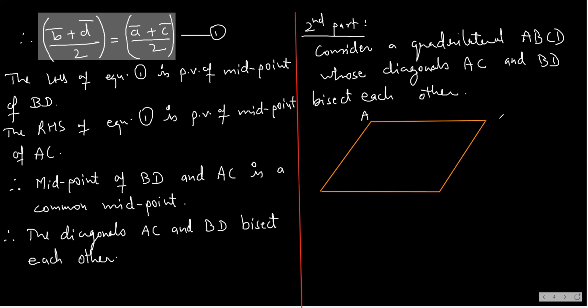And I will draw the diagonals which are bisecting each other. So what is the data this time? The data is AC and BD bisect each other at point M, say.